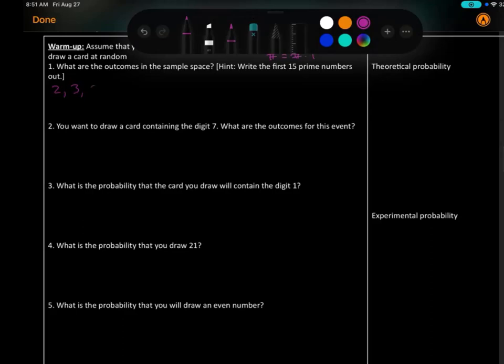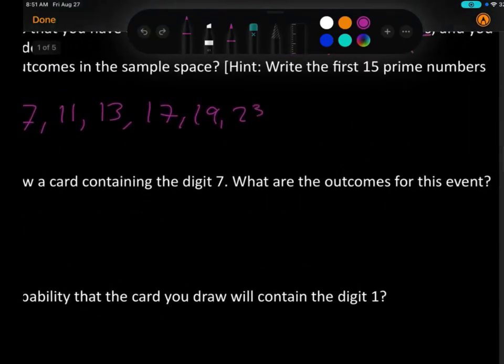You have 5, 7, 11, 13, 17, 19, 23, 29, 31, 37, 41, 43, and 47.